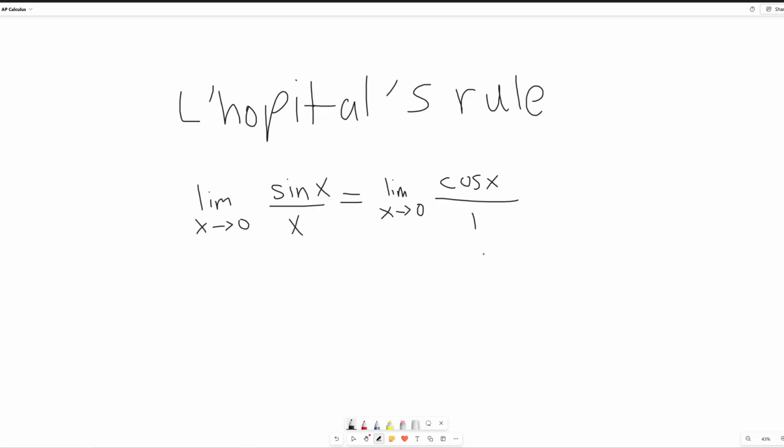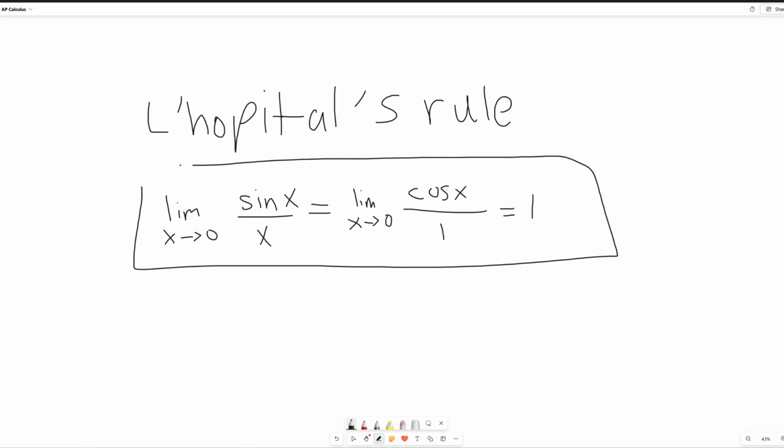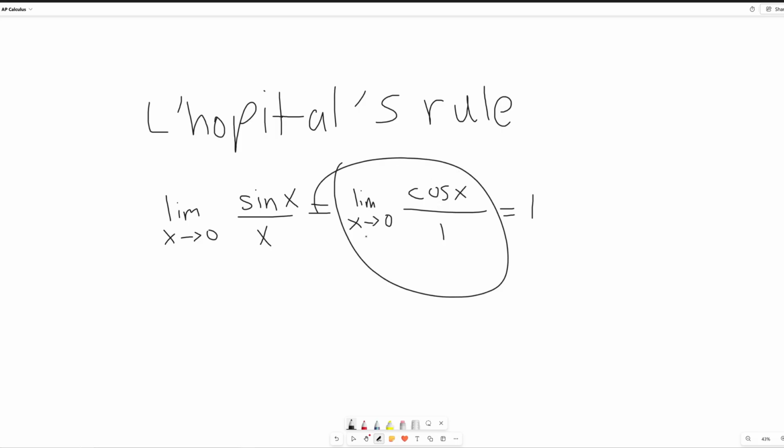So, since these are equal, we can say limit as x approaches 0. Cosine of 0 is 1. 1 over 1 equals 1. So you can say this equals 1. However, you must again state that this equals 0 over 0 before you're allowed to say that it equals this limit. Requirement.